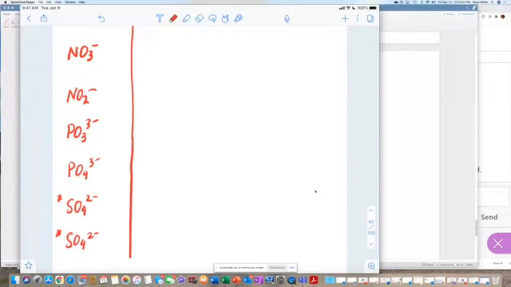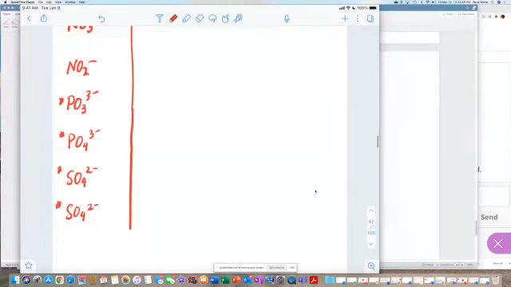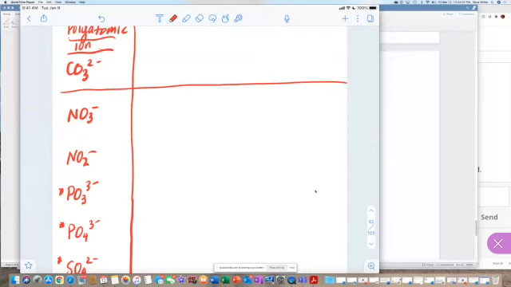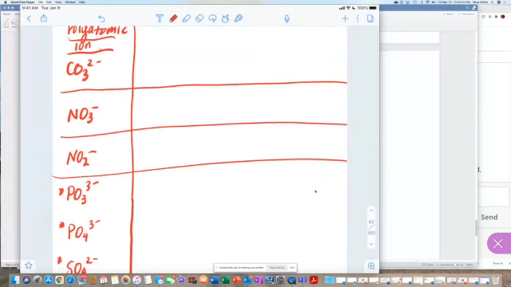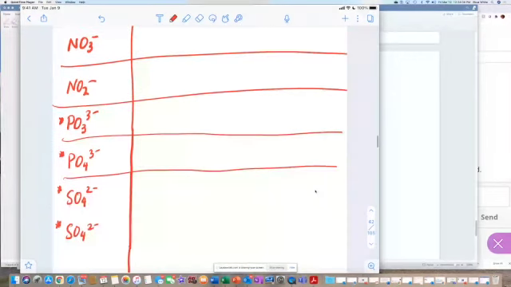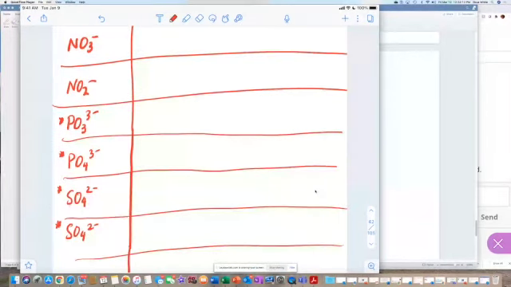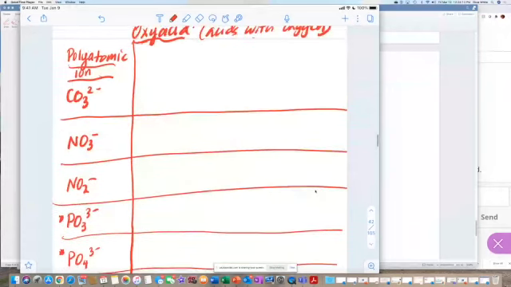For the ones that I've given you little stars on, modify the names a little bit for this new part. So let me do this right here and make it easier for me to follow along. I'm writing this. Okay. So the name of the ion, we'll name that first.